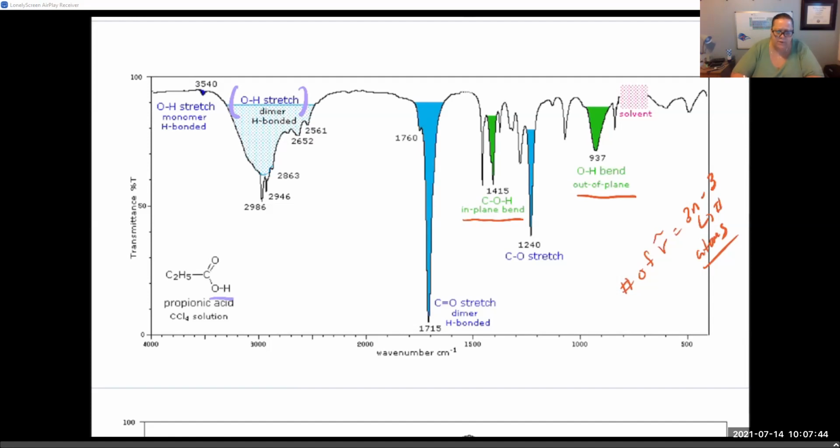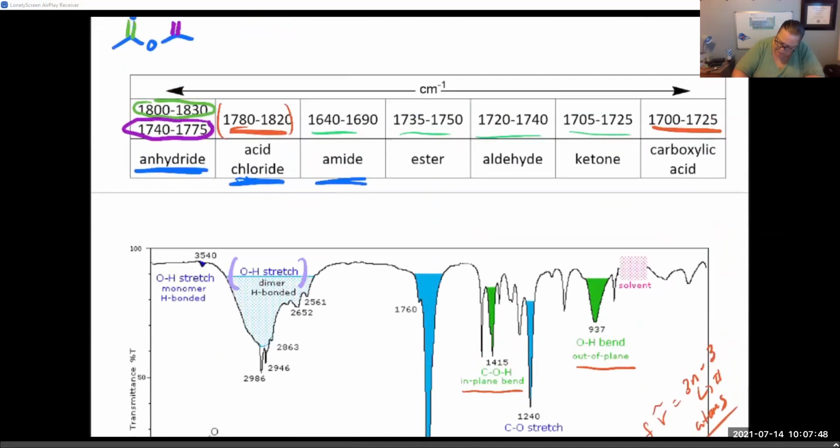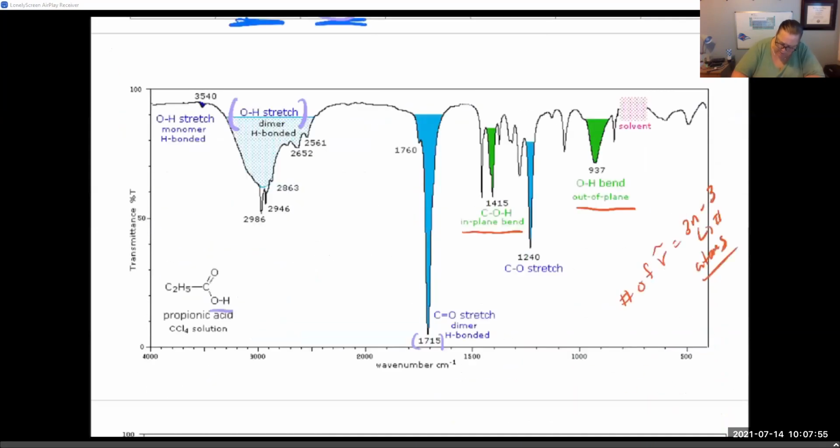If you remember, the carboxylic acid carbonyl is the smallest of all the carbonyl derivatives, with the exception of the amide. And the reason behind that is because of the so-called dimer. Carboxylic acids exist as this. It's called a dimer because of the hydrogen bonding interactions between 2 carboxylic acid groups.